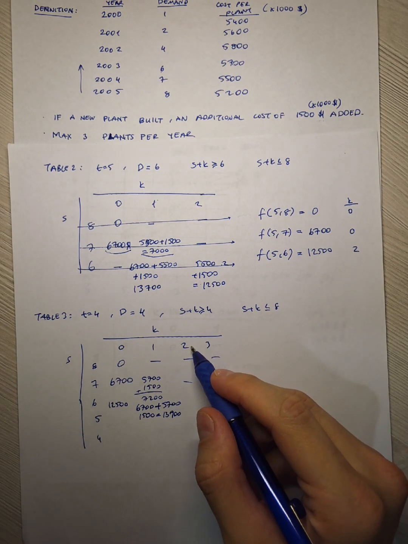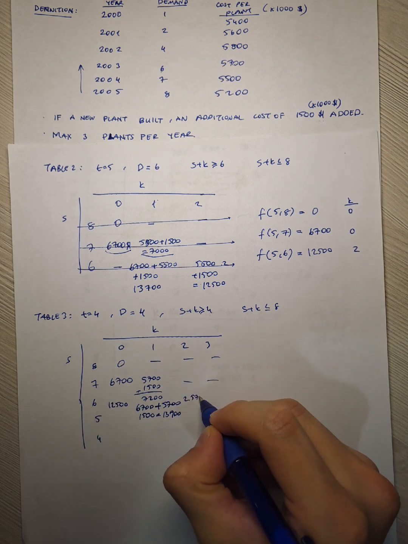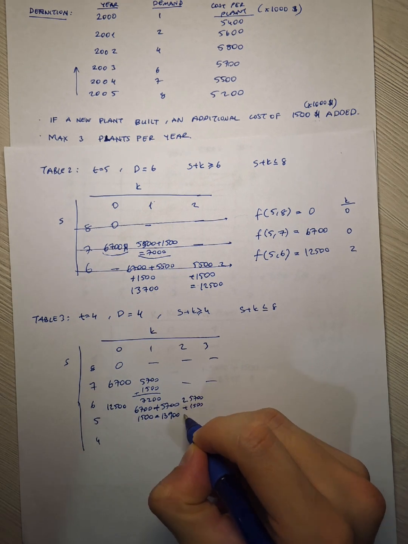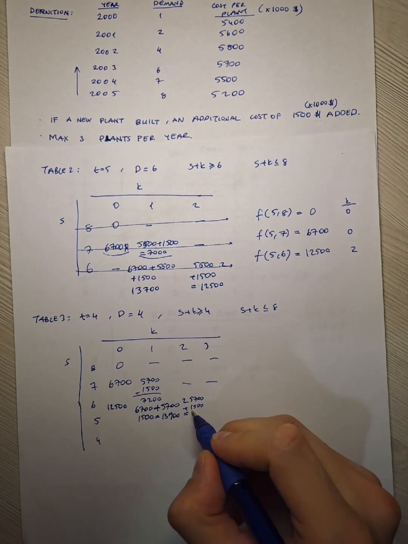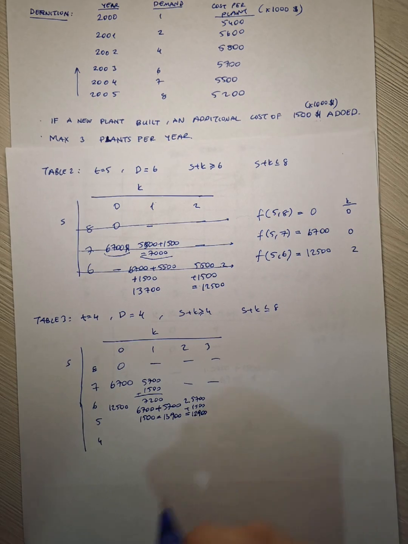Okay, if we plan 2, it's easier. Directly 11,100, so 2 times plus 1 time fee, which is, I guess, 12,900.